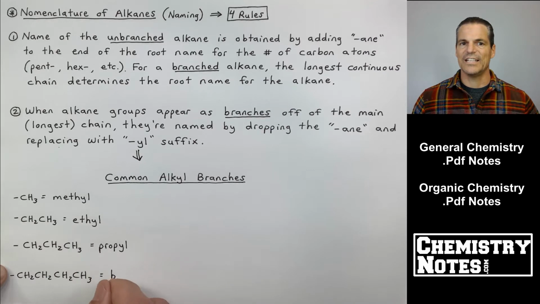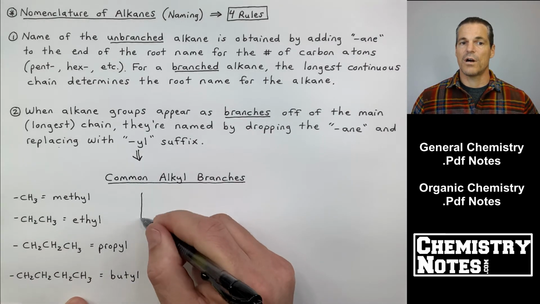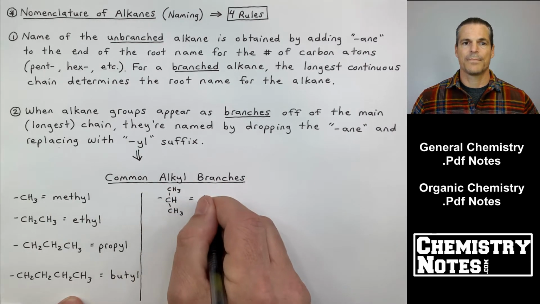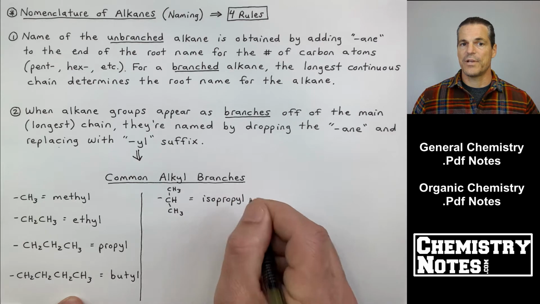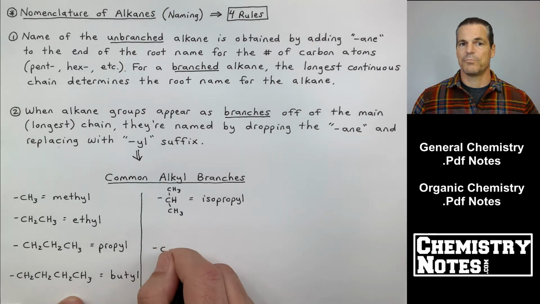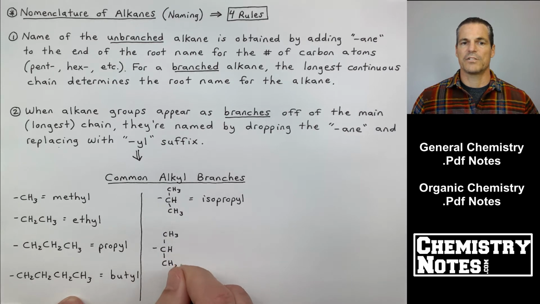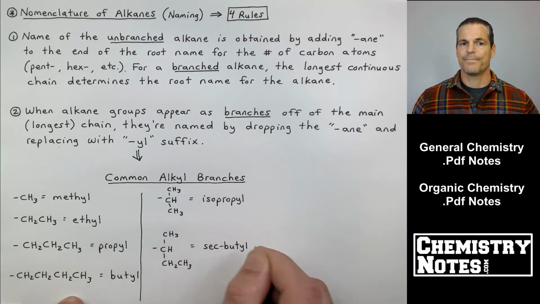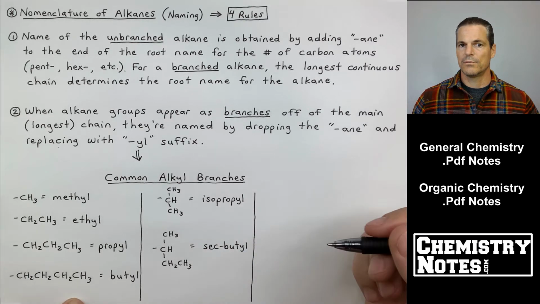Notice the yl endings. If I have 4 carbons acting as a branch, that's called a butyl group or a butyl branch. Now, another way to have 3 carbons be a branch is branching at the middle carbon, that's isopropyl. Another way to branch 4 carbons is on the second carbon in. This will be sec-butyl.